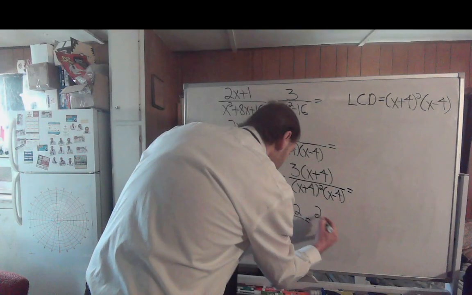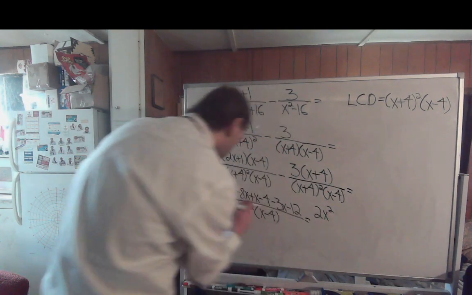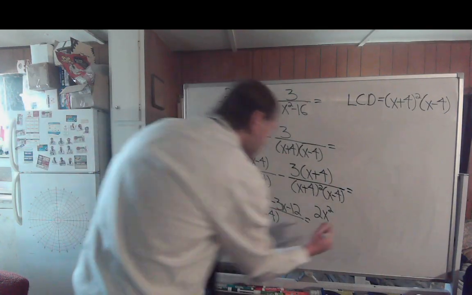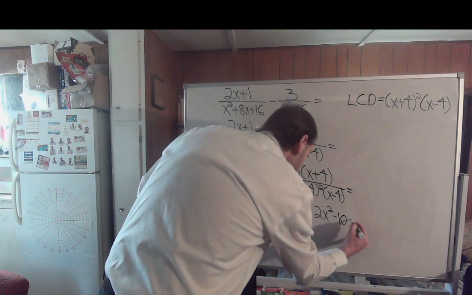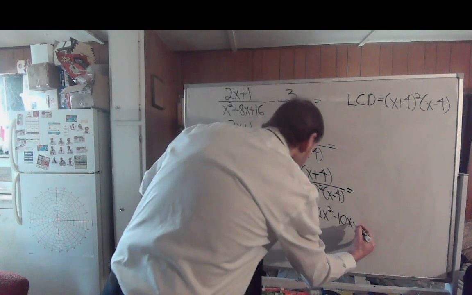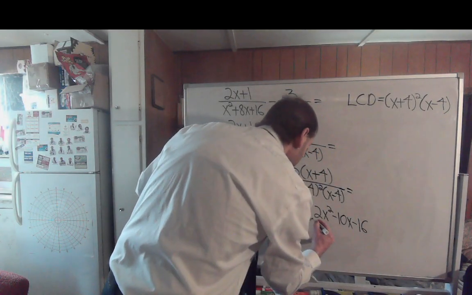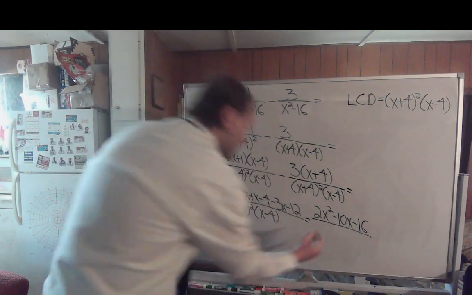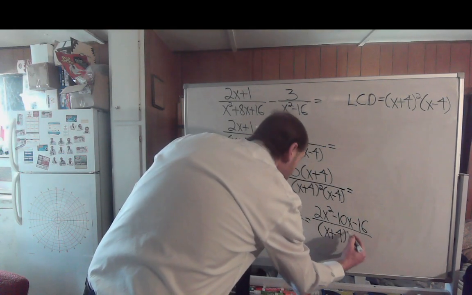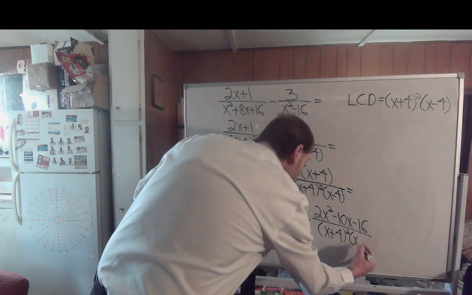This will turn into 2x squared minus 8x plus, so that's minus 7x minus 3x, that's minus 10x. Then you have minus 4 minus 12, so that's minus 16 all over (x plus 4) squared times (x minus 4).